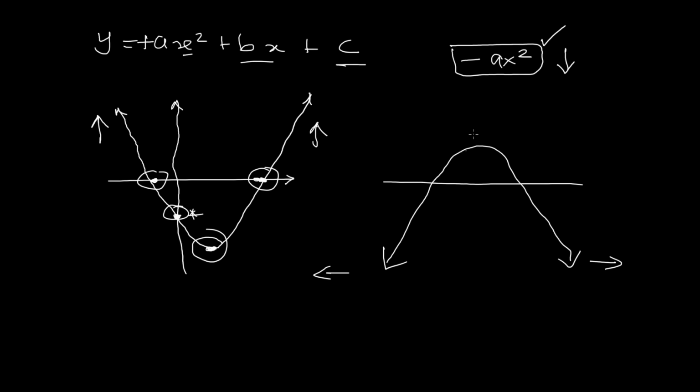For example, if x is at infinity, we'll have the square of infinity here, but here you have a single infinity, there you have none. So the biggest value will come from here. If this is negative, the general direction of the graph will be negative. If this is positive, the general direction of the graph will be positive.